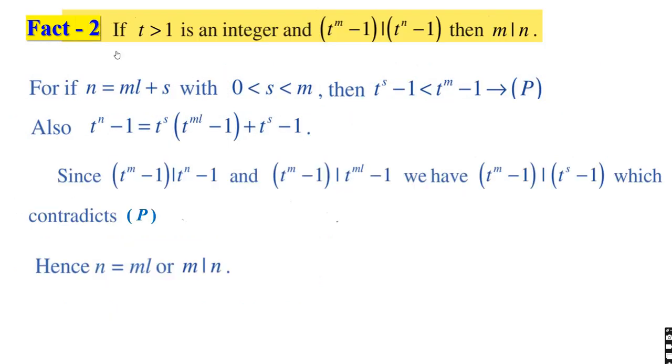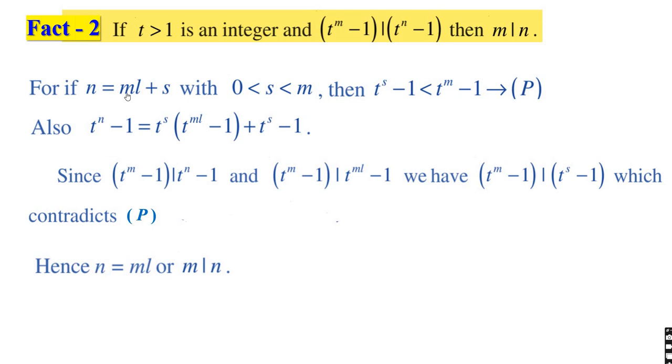Now the next fact is, if t is an integer greater than 1, and you are given that t^m minus 1 divides t^n minus 1, then what is the relation between m and n? This m should divide n. So that is what is established here. Suppose m does not divide n.